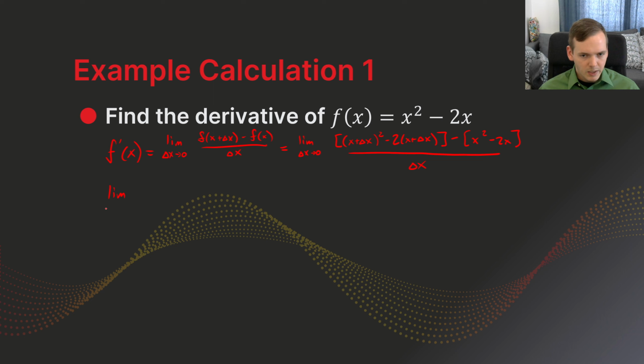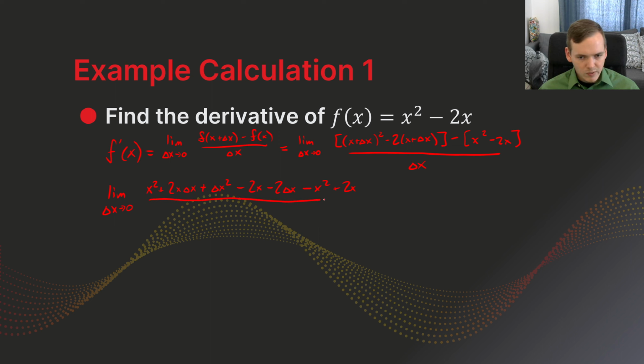So now we're going to come down here, write out our limit expression. And we need to start expanding this and simplifying. So on the top, we're going to get x squared plus 2x delta x plus delta x squared minus 2x minus 2 delta x minus x squared plus 2x.